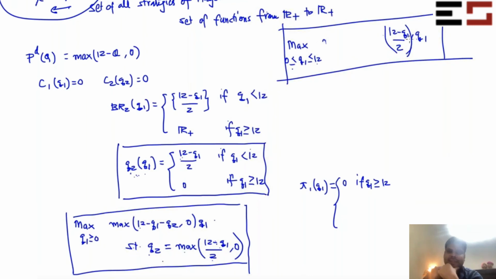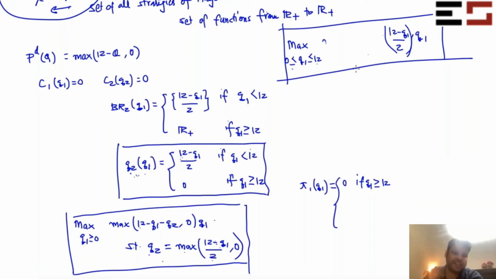This is a nice concave function. All you have to do is take the derivative, set it equal to 0, and you'll figure out that the solution lies in this interval. Since it is a concave function, that local maximum will be a global maximum. So you don't even have to look at the corners or the boundaries, because if it's a concave function and it satisfies the first order condition in the interval, then it's a sufficient condition.